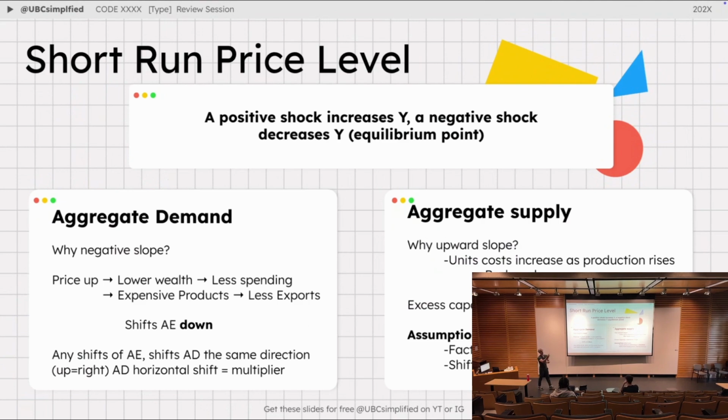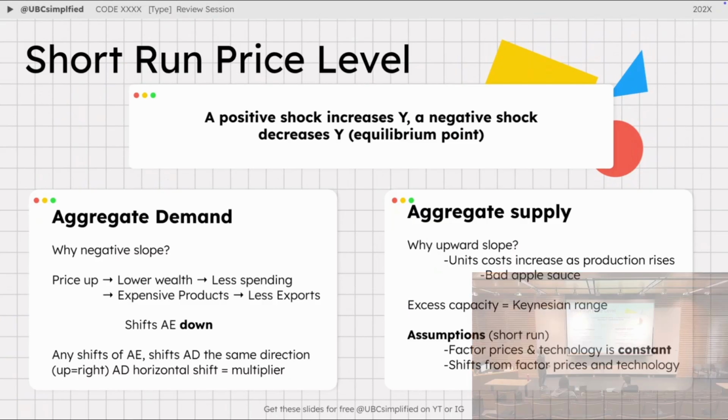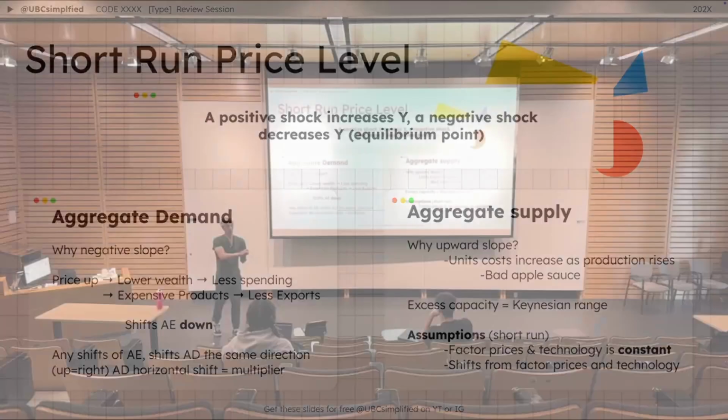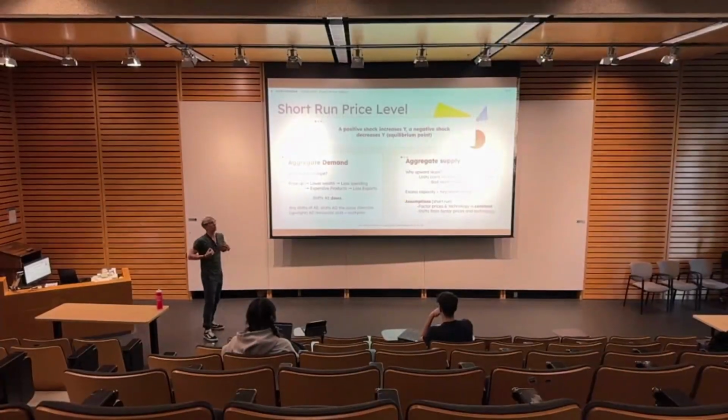The aggregate demand is negative slope. Why is it negative slope? Because as we increase price, so as we go up higher on the y-axis, we'll have lower wealth because of our assets. If price goes up, the $1,000 we have in savings has less purchasing power, and because it has less purchasing power, we'll spend less.